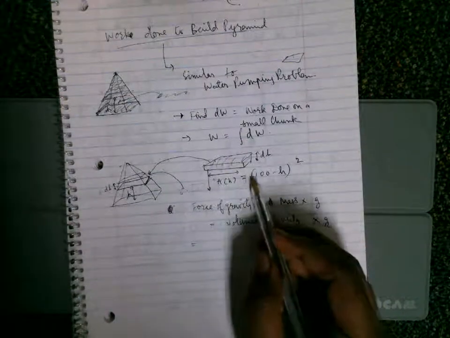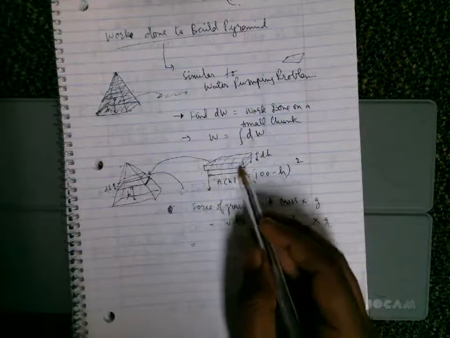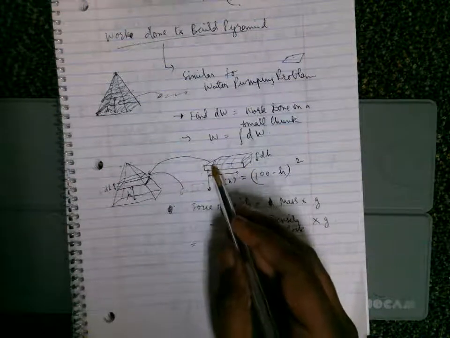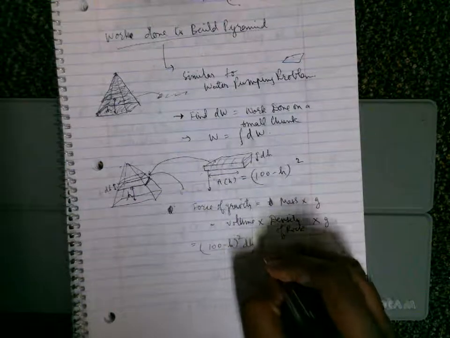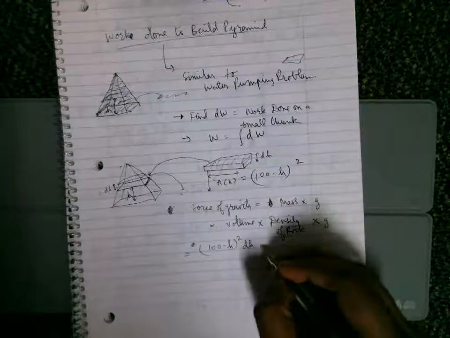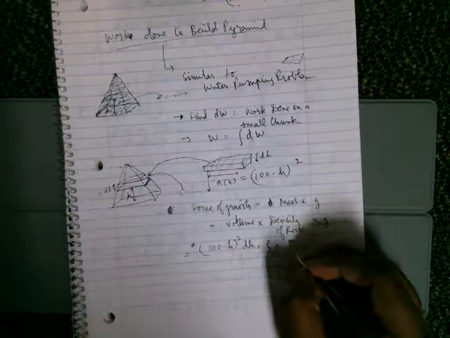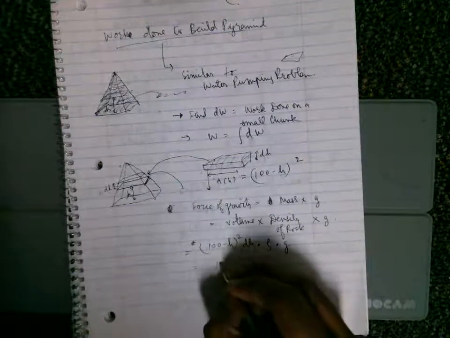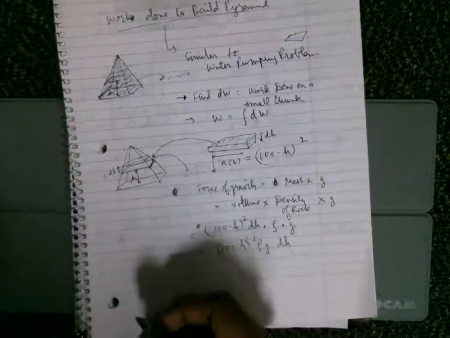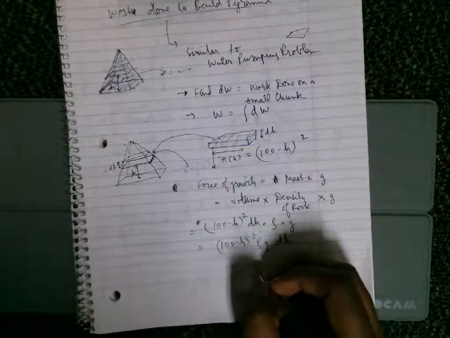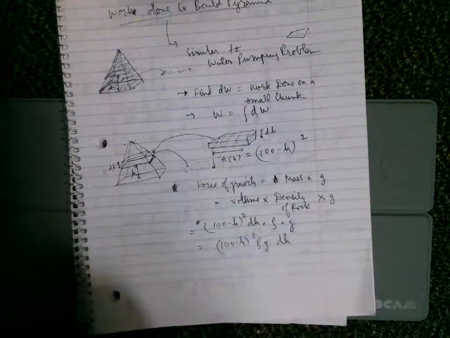The volume is (100 minus h) whole squared times dh, because the area of cross section is (100 minus h) whole squared, and its height is dh. The density of the rock is rho, we are given that in the problem, and g is g. So this is equal to (100 minus h) squared rho g dh. Yep, this is the force of gravity.